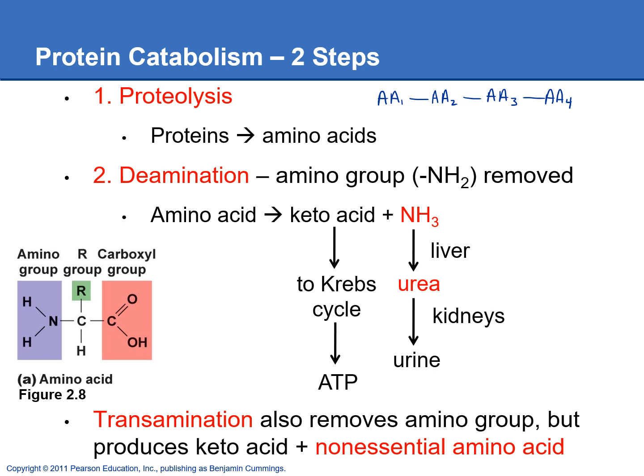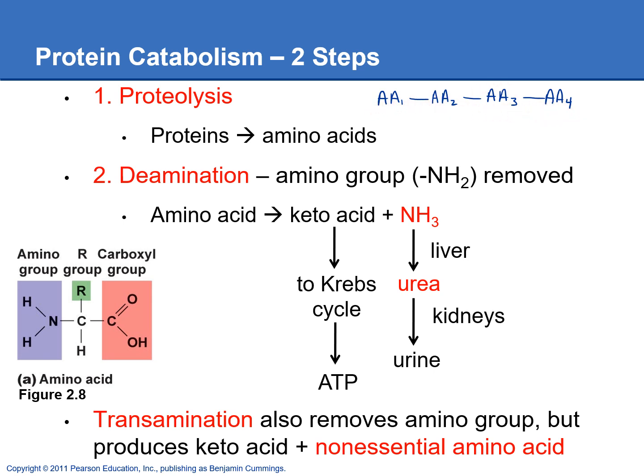In proteolysis, all we're going to do is take the protein and break the peptide bonds and separate the amino acids. If we've got this protein over here, we're just going to chop the peptide bonds holding the individual amino acids together and separate these amino acids so now they're all individual.